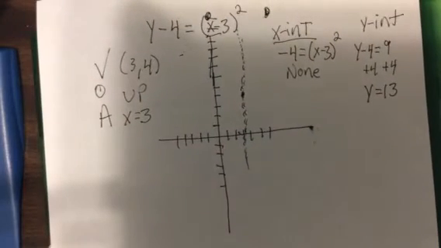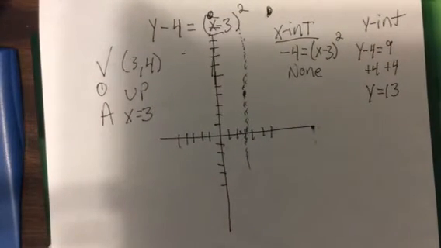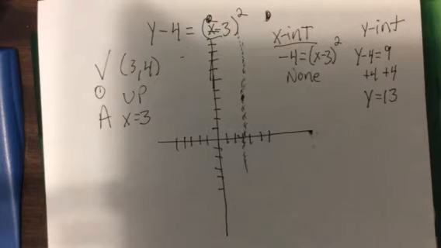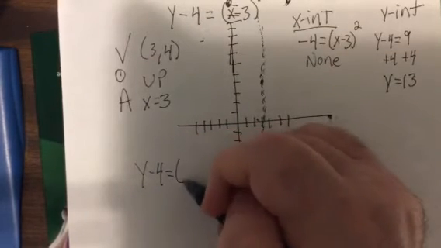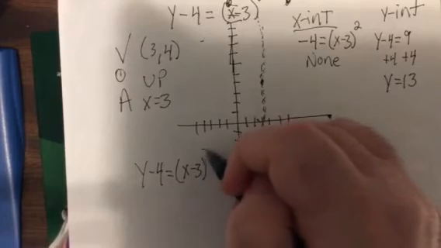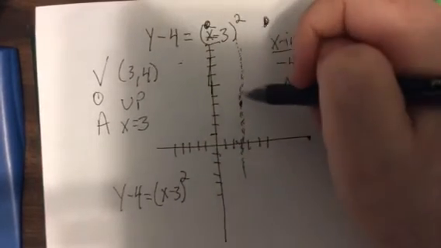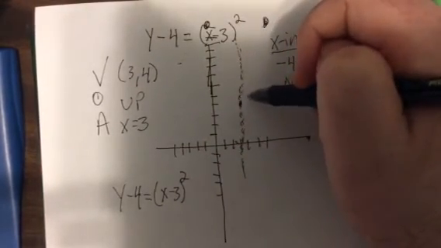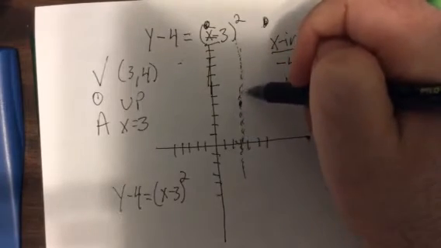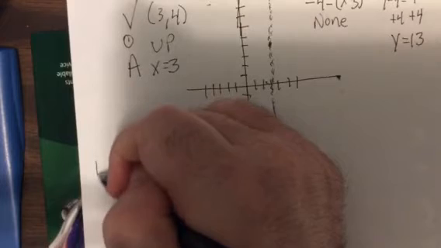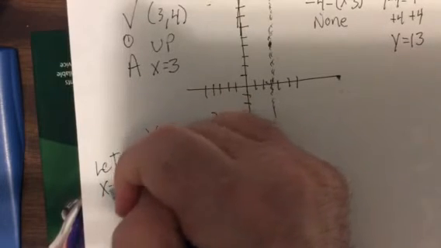Now we're going to do the ever popular plug and chug, where you take a number for x and just plug it into the problem. So y minus 4 equals x minus 3 squared. Pick a number that's close to the vertex. So there are no points here, and 4 is 1 unit away. So I'm going to let x equal 4.